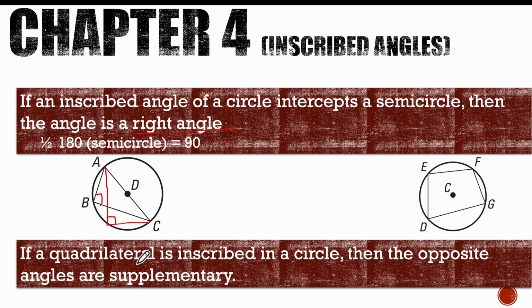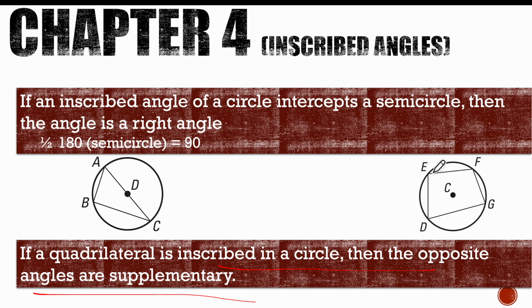If a quadrilateral is inscribed in a circle, then opposite angles are supplementary. What is the meaning of supplementary? Supplementary means they form a 180 degree angle. So this is an inscribed quadrilateral.